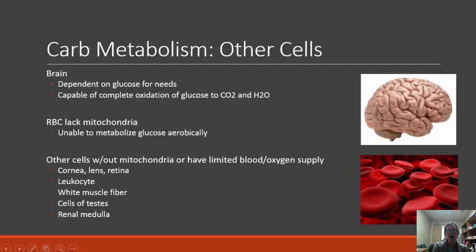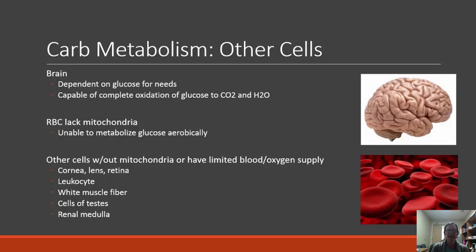And then we have our glucose needs in our other cells as well. So we know our brain is very highly dependent on glucose in normal physiologic conditions. Under some altered conditions, it can rely on ketone bodies, but for the most part, it relies on glucose, and it completely oxidizes glucose.